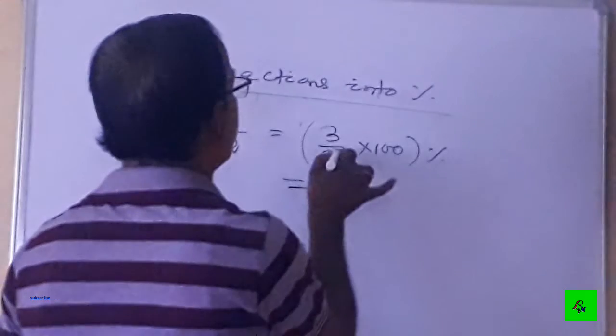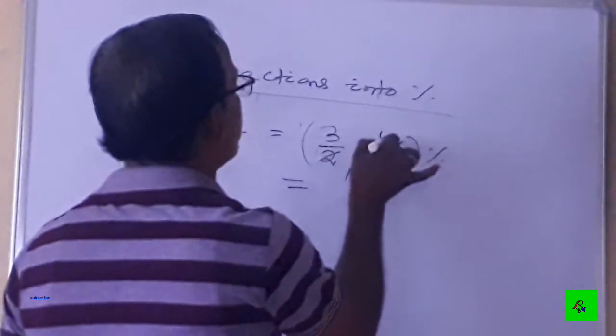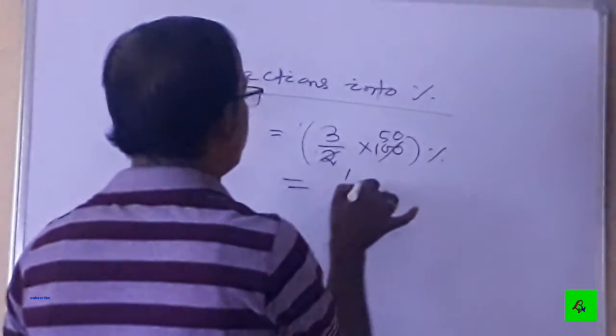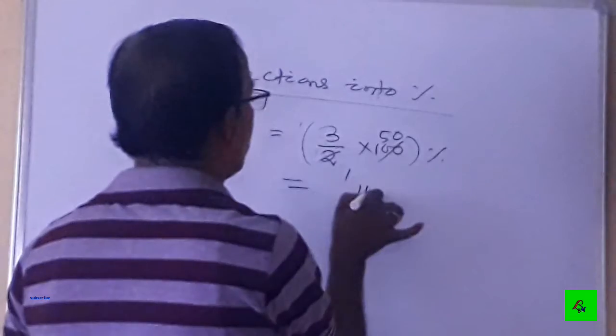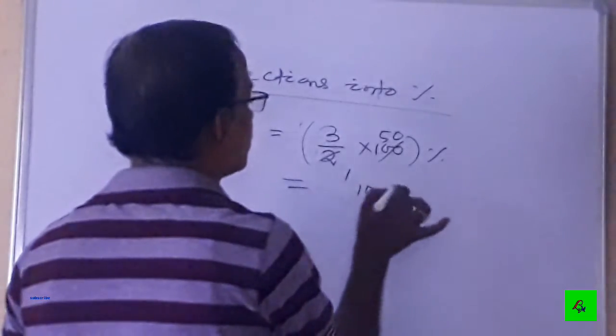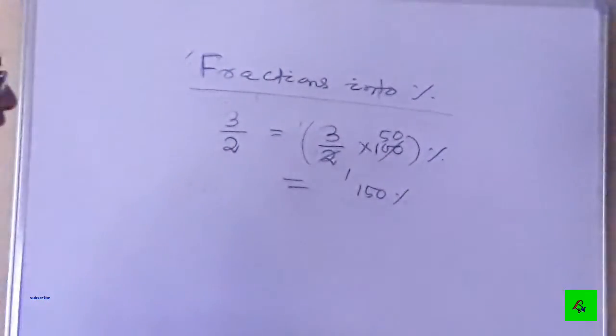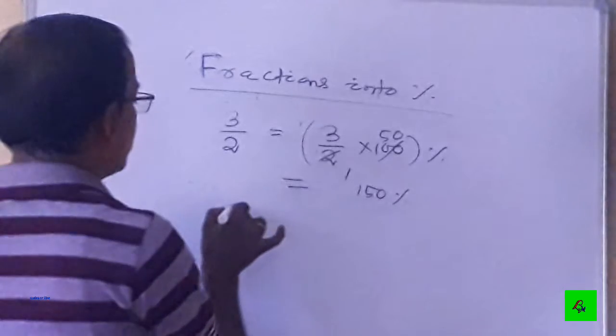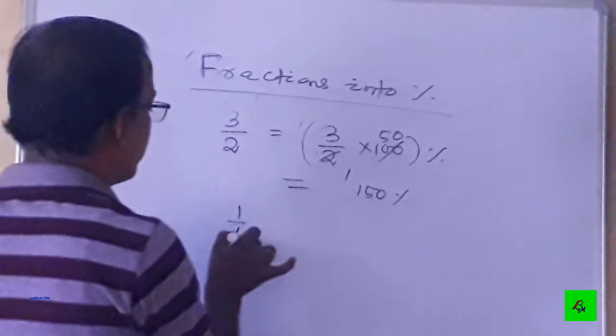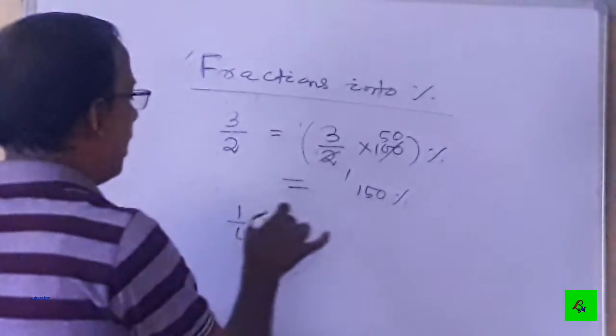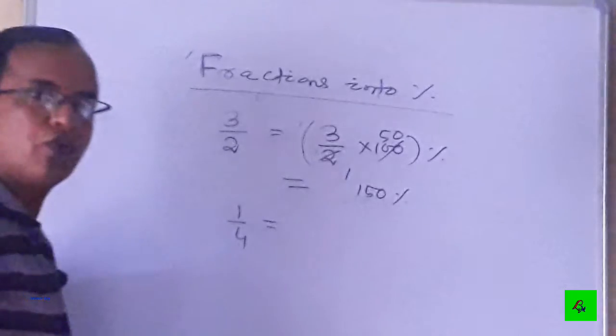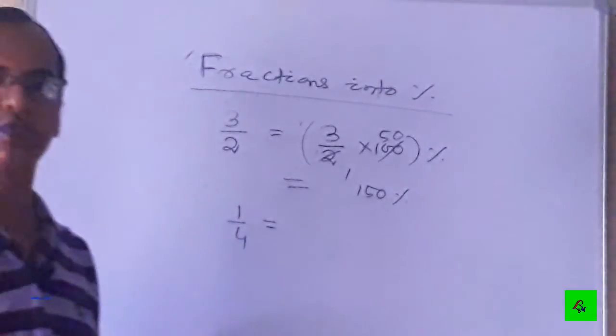So 3 by 2 into 100, that is 2 5s are 10, then 0, then 3 into 50, that's equal to 150 percentage. Similarly, if we take another example, suppose 1 by 4, how much percentage is it?